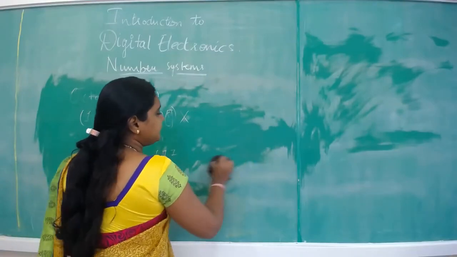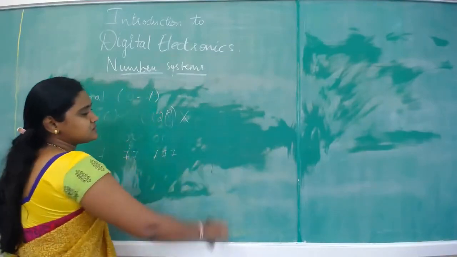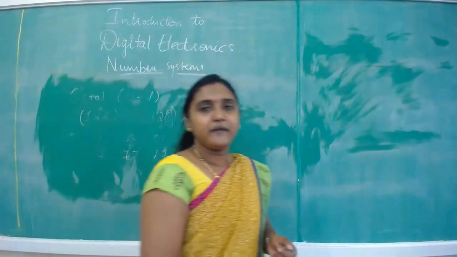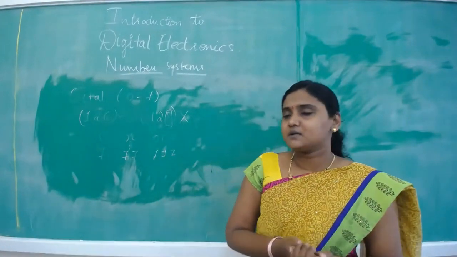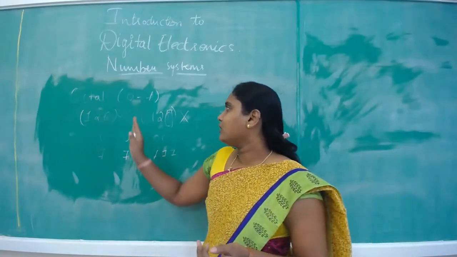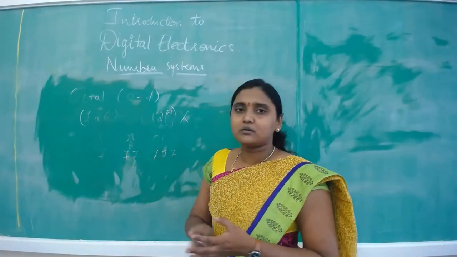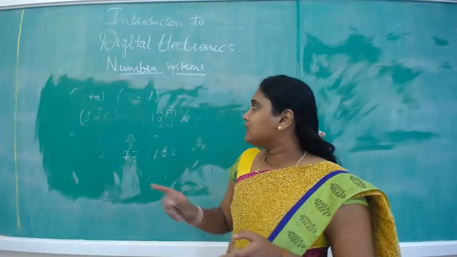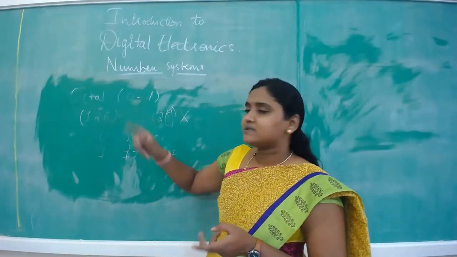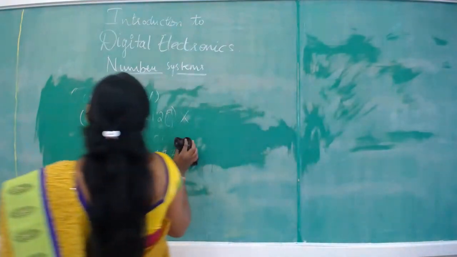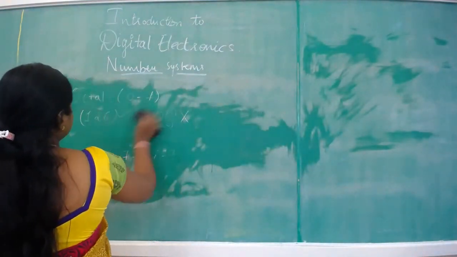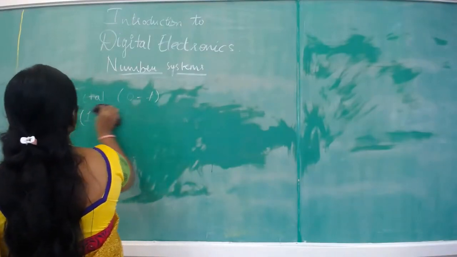So if any number is using a symbol of 8 or 9, then it is not an octal number. Then that becomes a decimal number. So when you want to form an octal number, you can only include the symbols 0 to 7 in that. Right? This is about the octal number, which is using how many symbols?